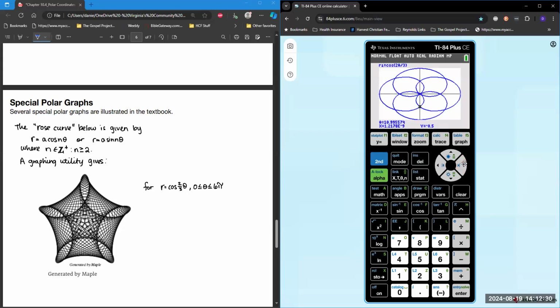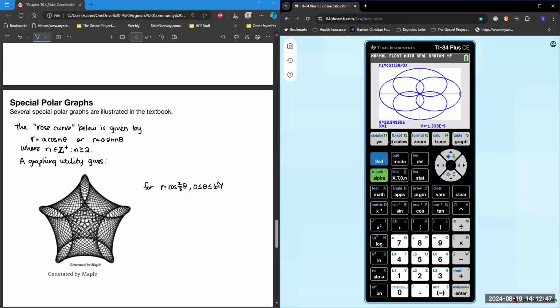And we have all kinds of interesting shapes like this that we can get from the graphing of polar equations.